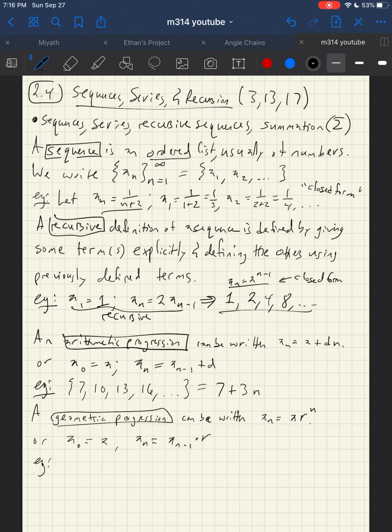An example of a geometric progression would be 3, 6, 12, 24, etc., which is 3 times 2 to the n.